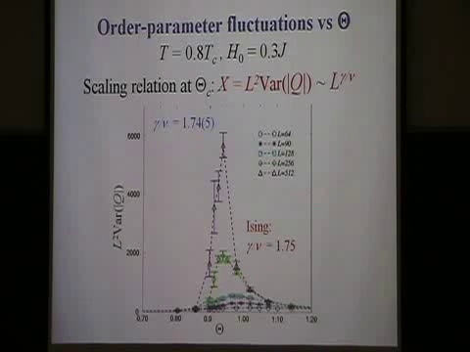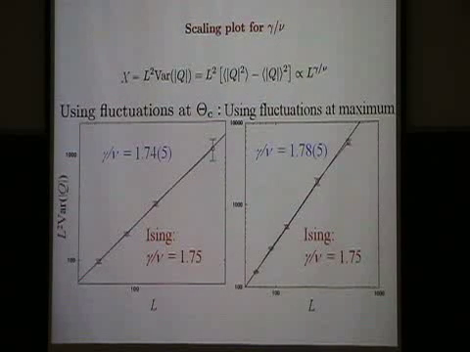This looks like the zero field susceptibility for an equilibrium Ising model, and doing finite size scaling, we again find very good agreement between gamma over nu for this model in terms of this scale period, and gamma over nu for the equilibrium Ising model, where the control parameter is the temperature. And again, scaling plots show you that the agreement's pretty good.